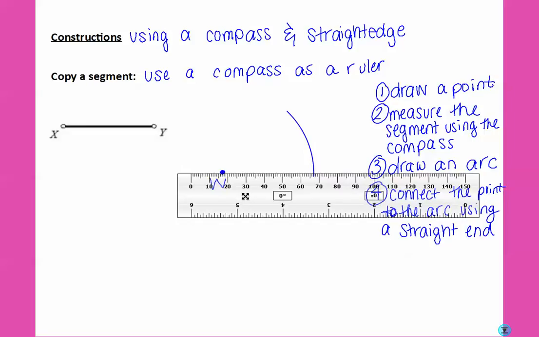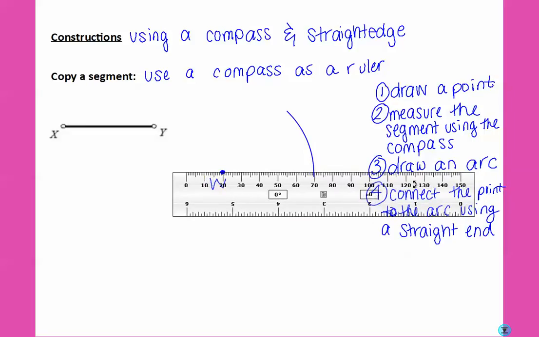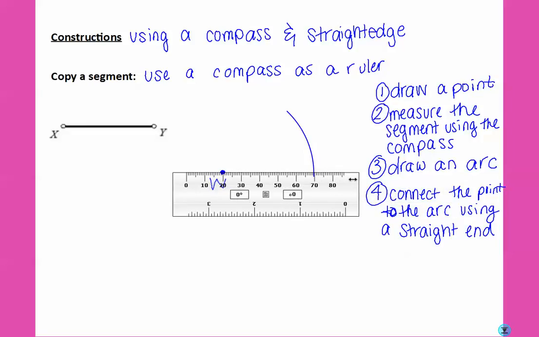I'm going to set it up on point W. I'm going to draw a straight line, maybe.